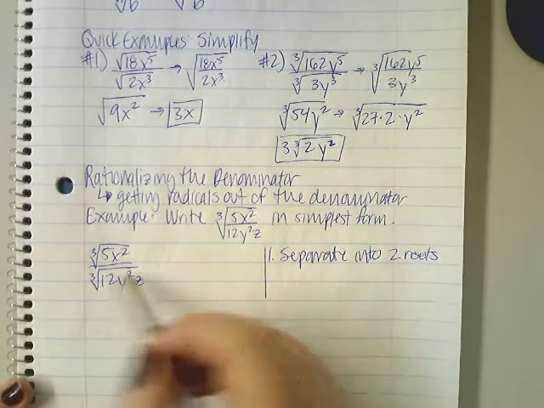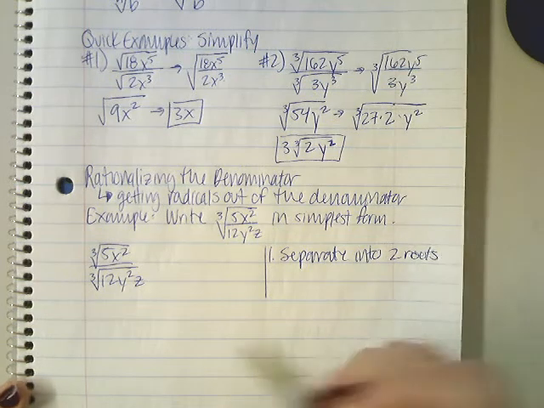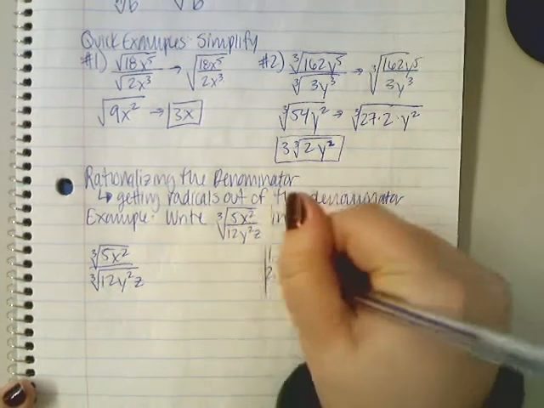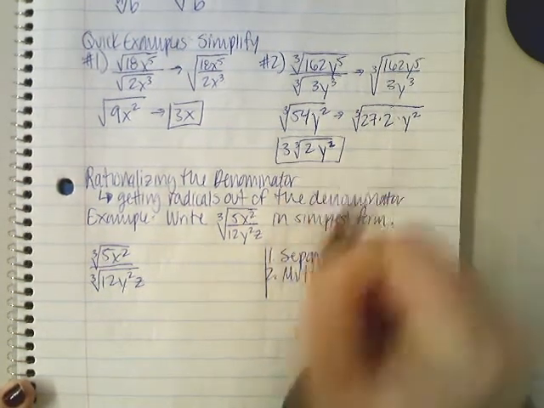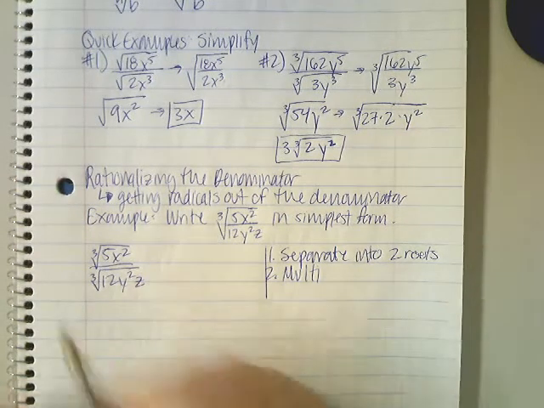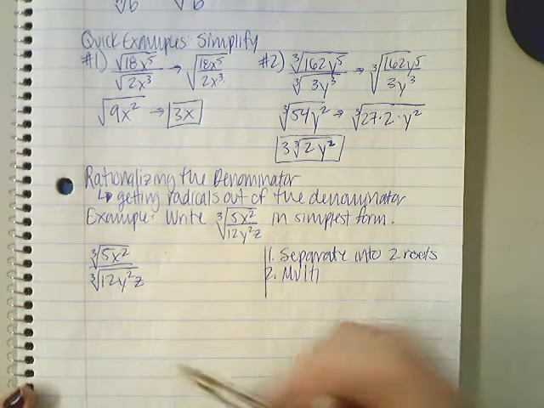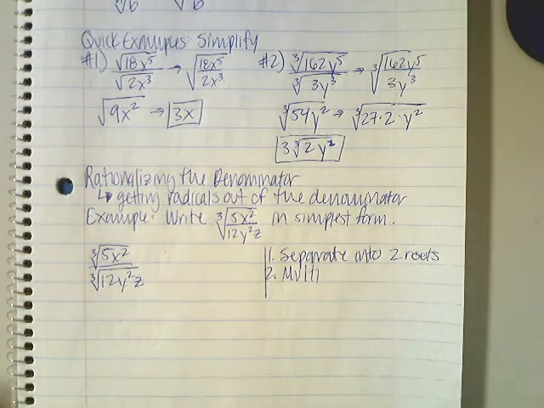So my goal is to multiply everything in the denominator by what it needs to make it a perfect cube. So that's step 2, multiply. And I can't only multiply in the denominator. That's not allowed. That would completely change the value. So I'm going to multiply the numerator and denominator by that, because then it's like multiplying by 1.